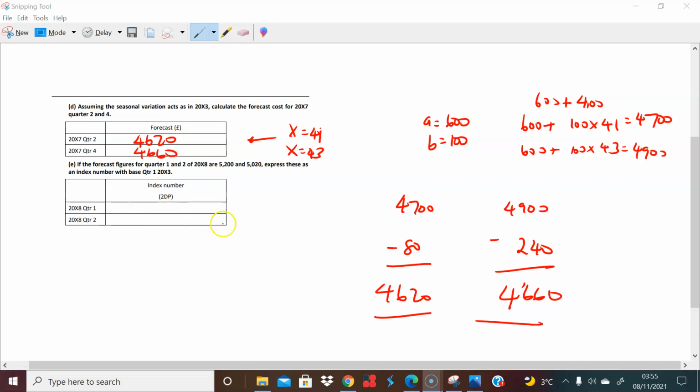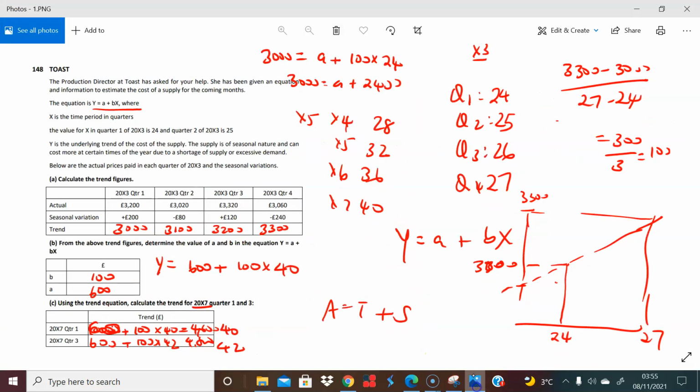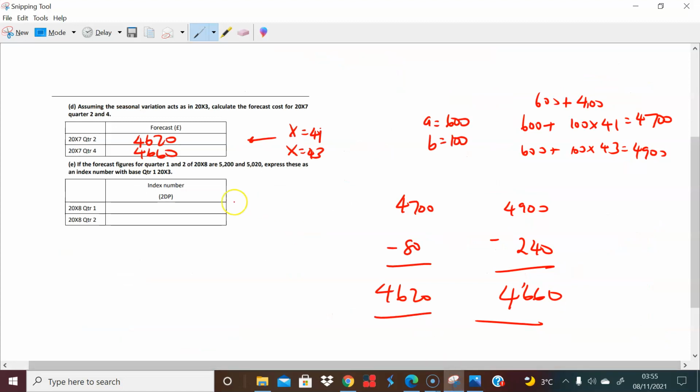The final bit, which is also a little bit winded, is telling us to go back to Q1 and look at the scenario there. So the actual cost was 3,200. That's the scenario here, and it's telling us to go back there. You've got your 3,200, and it's saying using that as a base, what would the index be in these periods?